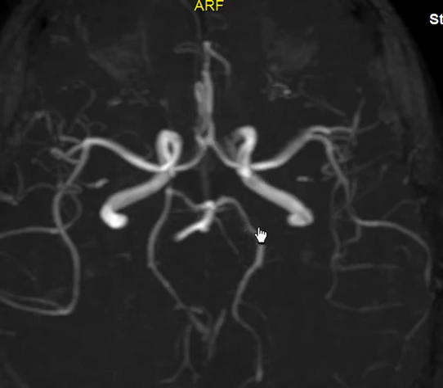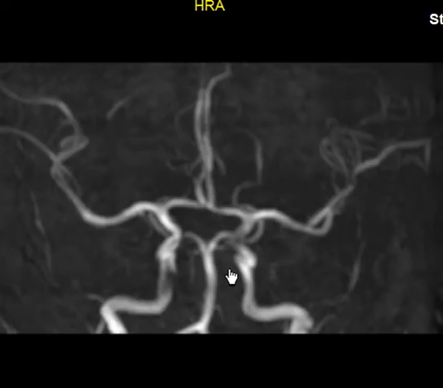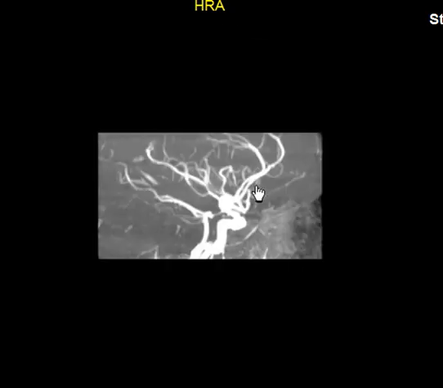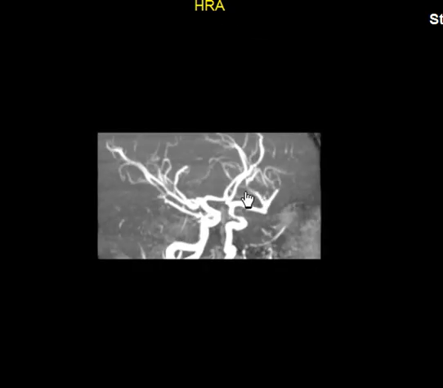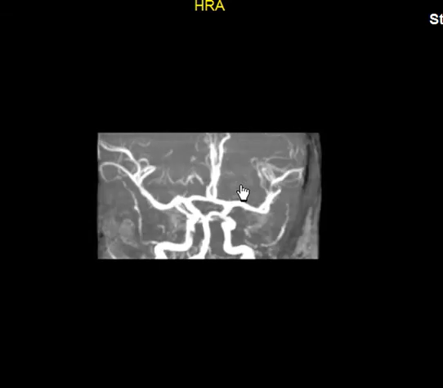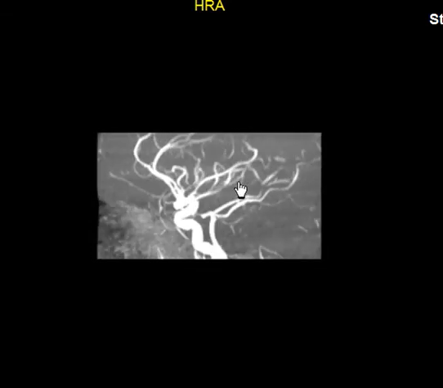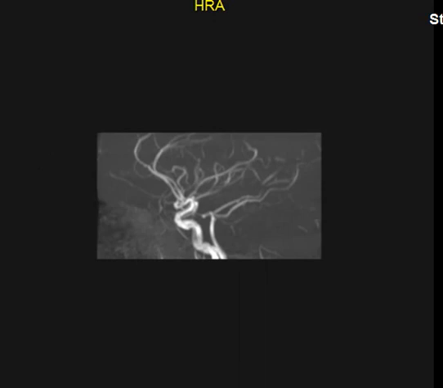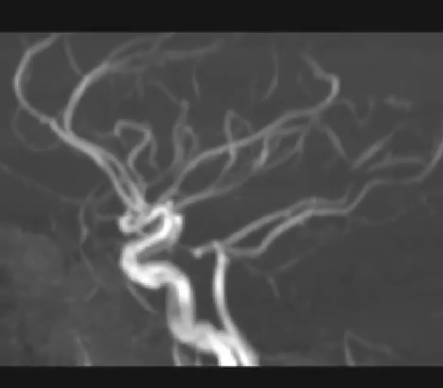Now, let's come to the posterior circulation. I think we have some nice images here. It is composed of two vertebral arteries joining each other, forming the basilar artery. Let's try to fix it and magnify it.